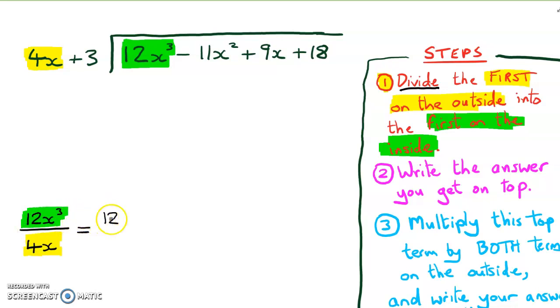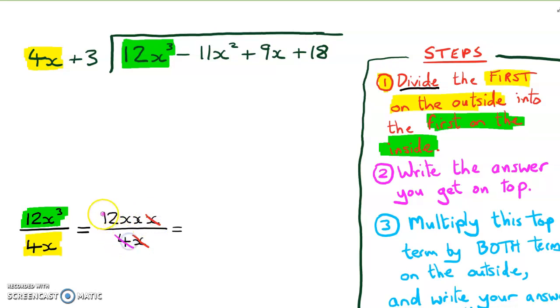So 12x cubed is actually equal to 12x by x by x, and 4x is simply 4x. The reason why I do that is because I can now see the x's cancelling, and I can divide the number in.